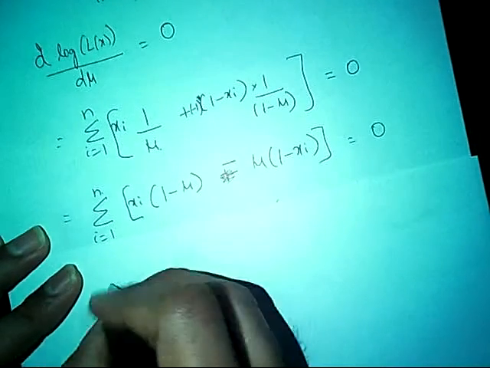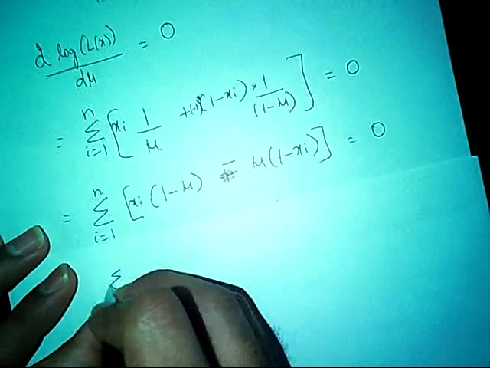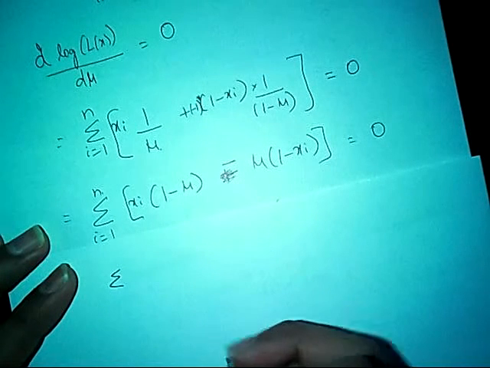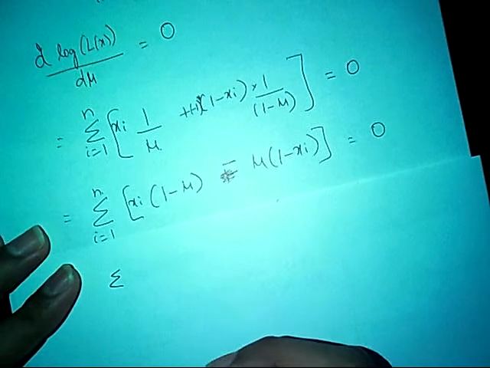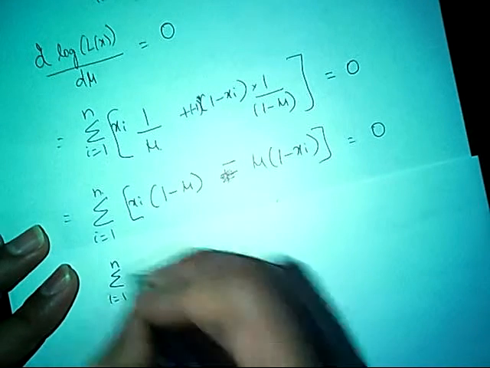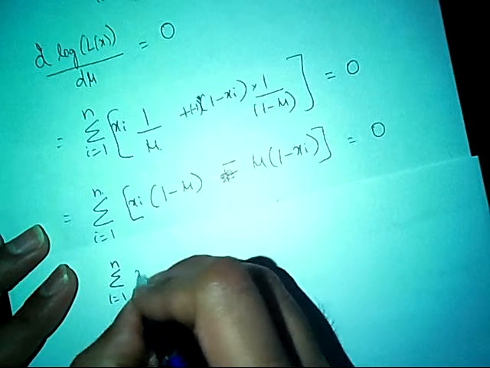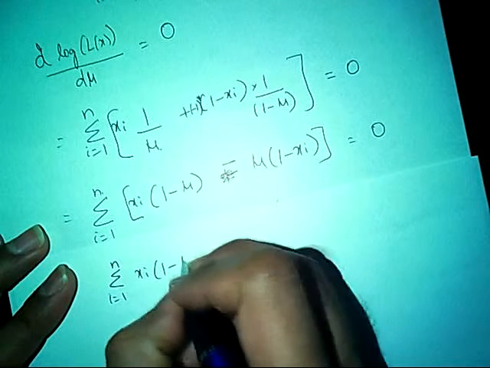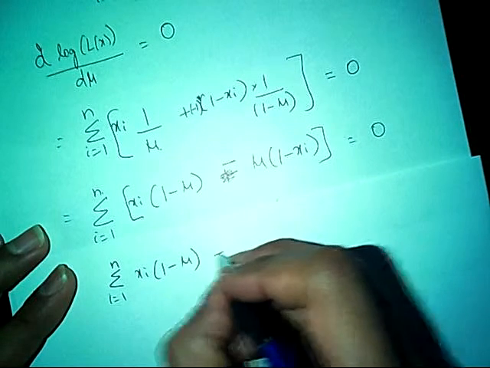So continuing with the derivation, after we equate the differential of the log of likelihood to 0, we are going to get sigma xi times 1 minus mu minus mu times sigma 1 minus xi.